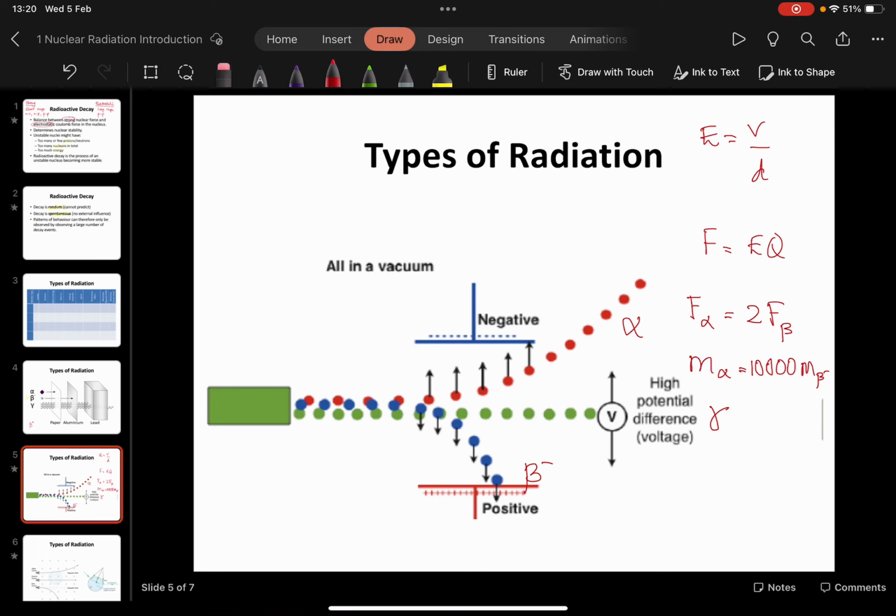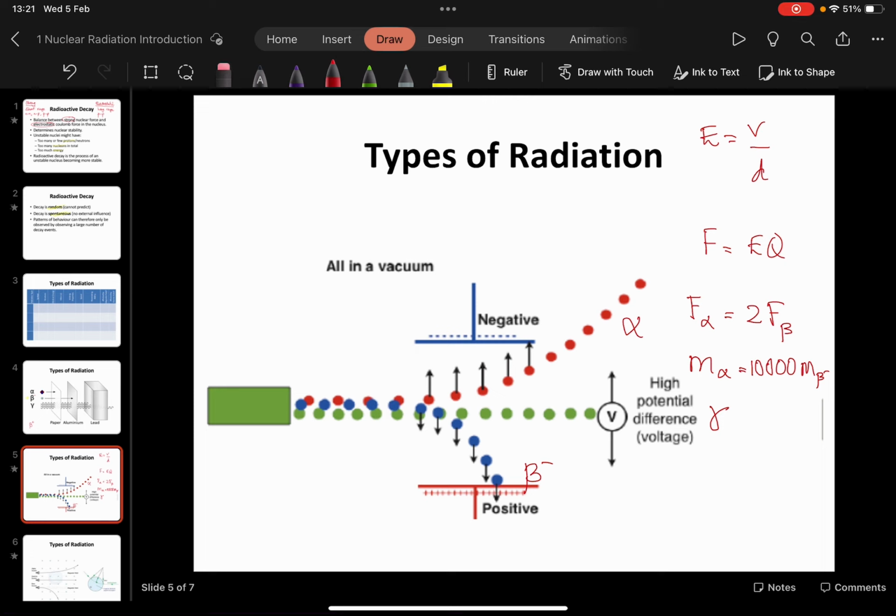The mass of the beta particle is 9.11 times 10 to the minus 31 kilograms, and the mass of a proton or a neutron is 1.67 times 10 to the minus 27 kilograms. So there's a huge differential between the mass of these 2 particles.